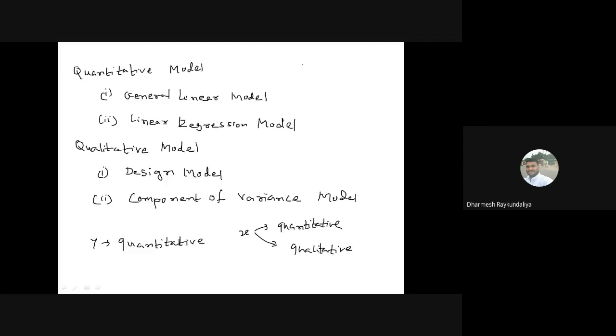So in these two quantitative models, here X is quantitative and here X is qualitative. So we are not touching Y. But suppose Y is qualitative, then we can use the concept of generalized linear models. That we will see in semester 3. So there are 4 models. 2 are quantitative, based on the nature of X, and 2 are qualitative, again because the nature of X is qualitative.